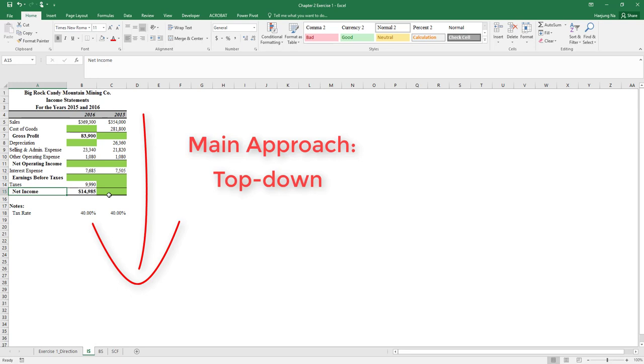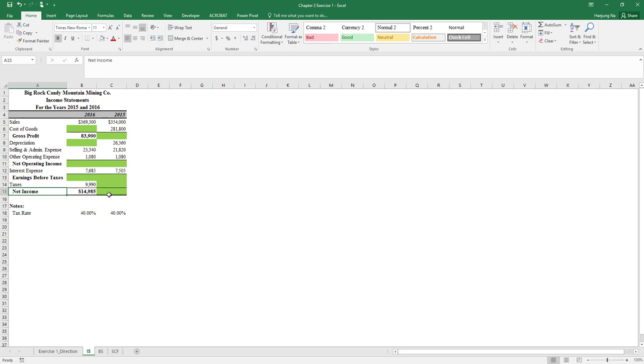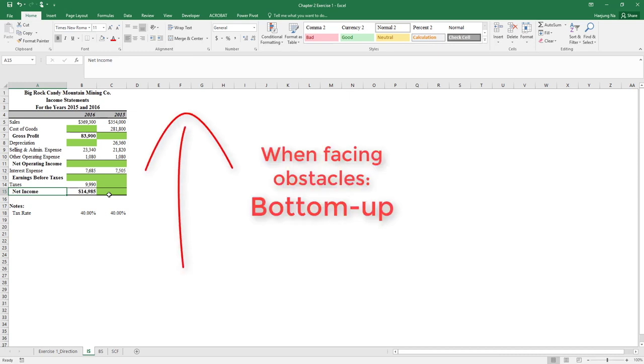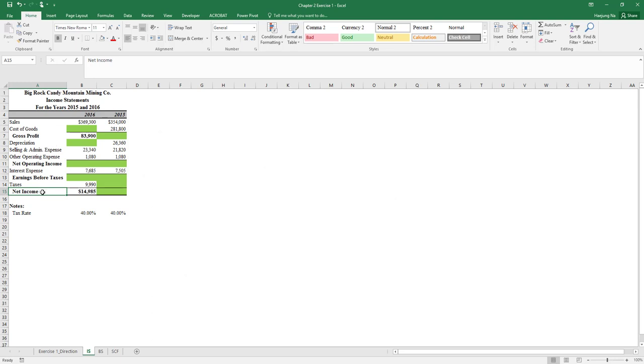So it's a top-down approach. That would be the main way. And whenever there is an obstacle or hurdle that you cannot solve for, then you go the other way around, which is bottoms up, from net income to sales. That is the key thing that you have to remember when you're dealing with an income statement.